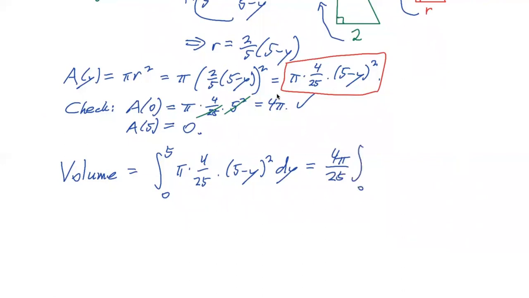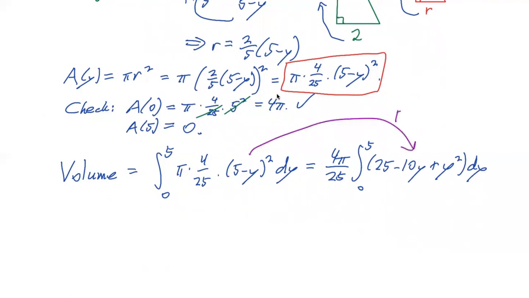This isn't too bad. And then I'm going to FOIL out the 5 minus y quantity squared. If you FOIL it out, you get 25 minus 10y plus y squared dy. That's just from multiplying it out, 5 minus y times 5 minus y.